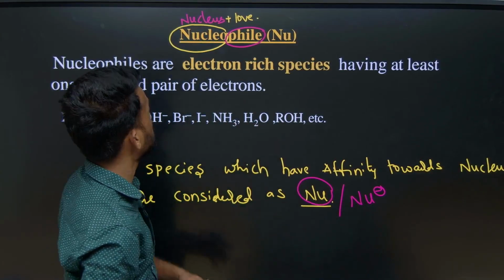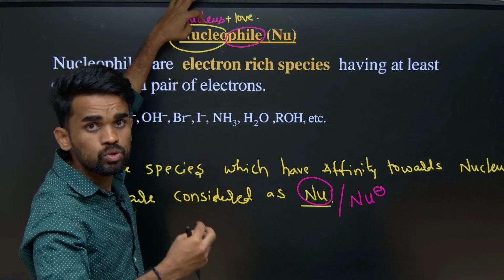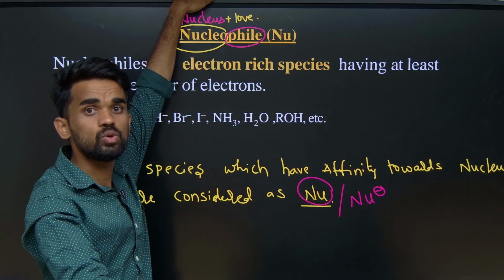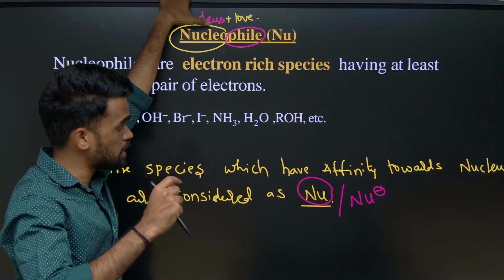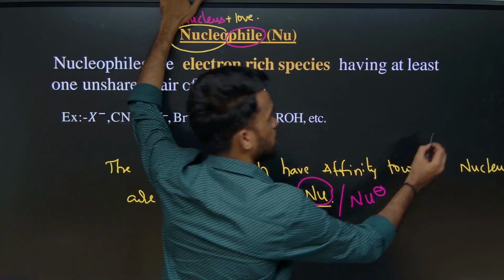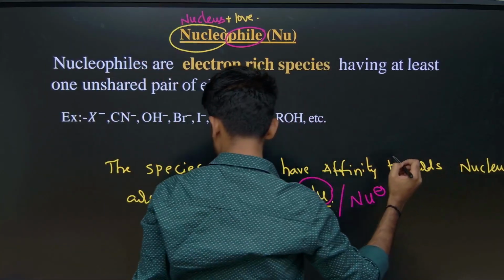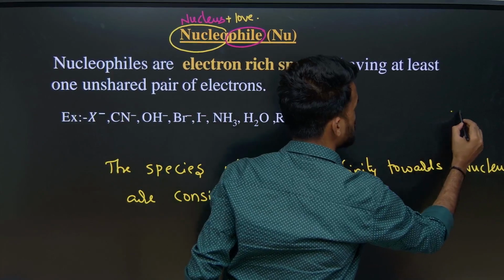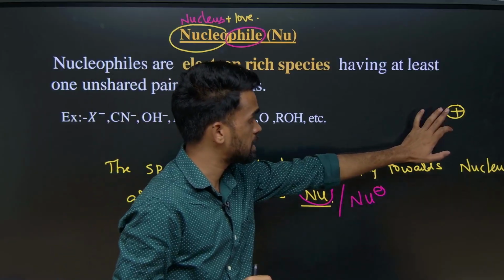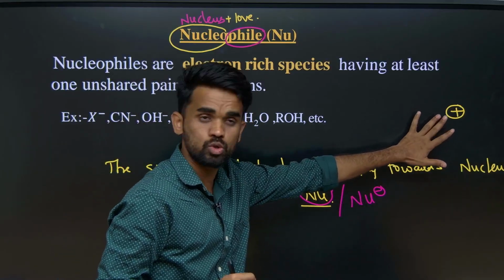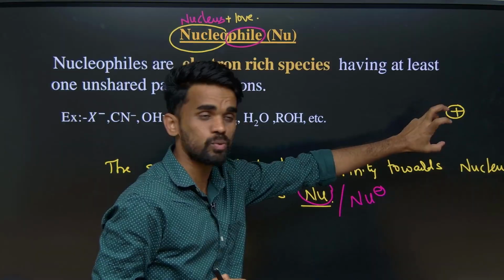So what exactly is it? See, we are looking at the love, the affinity towards the nucleus. Nucleus means it is positive charge, right? We know like charges repel and unlike charges attract each other. Let us say this is the nucleus, a positive charge, having protons and neutrons.